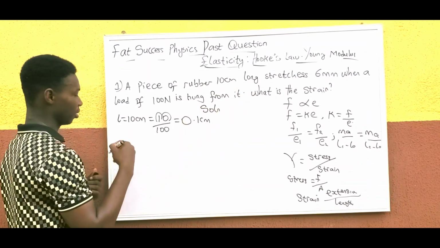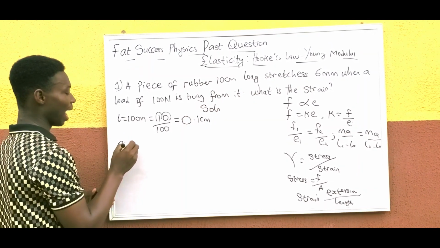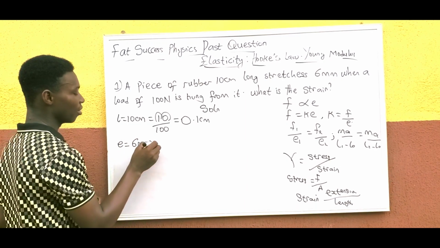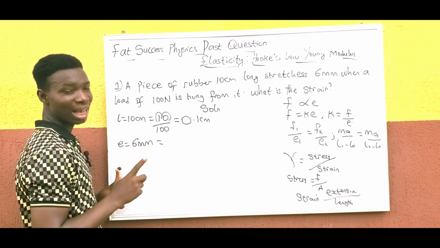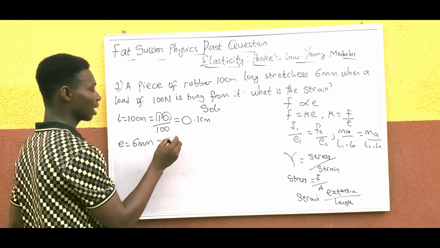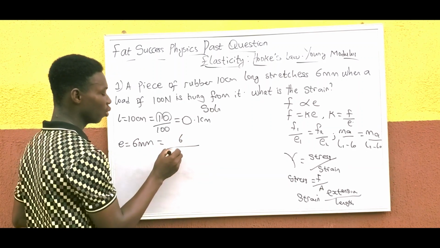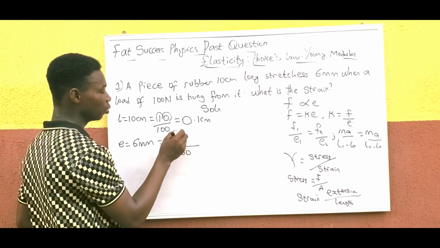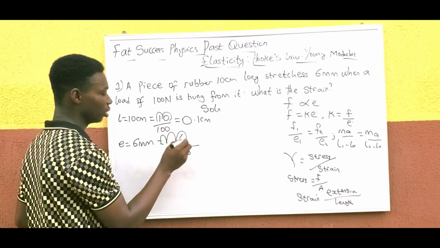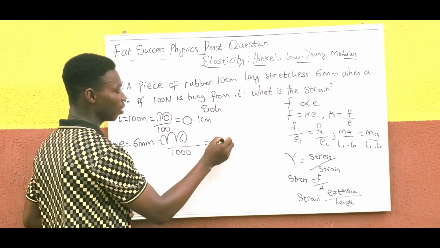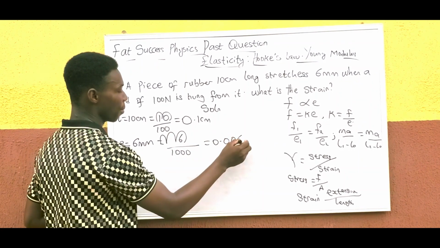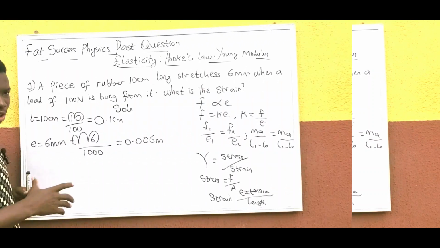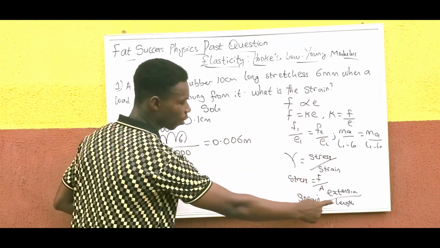While for extension, we have our extension given as 6 millimeter. Remember, milli means 1000, so we have it as 6 divided by 1000. So when it moves 1, 2, 3, we have it as 0.006 meter.